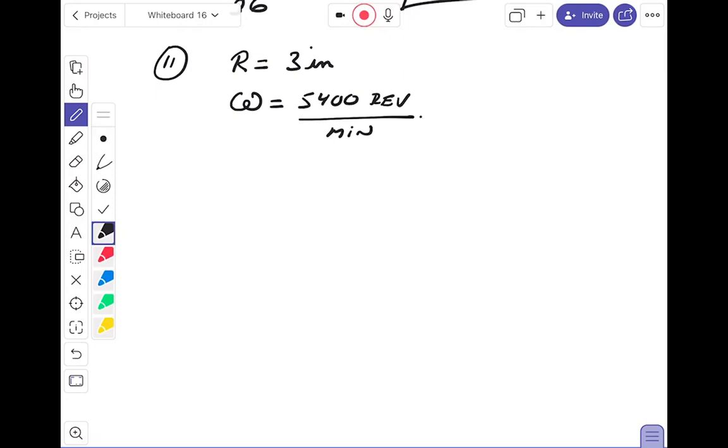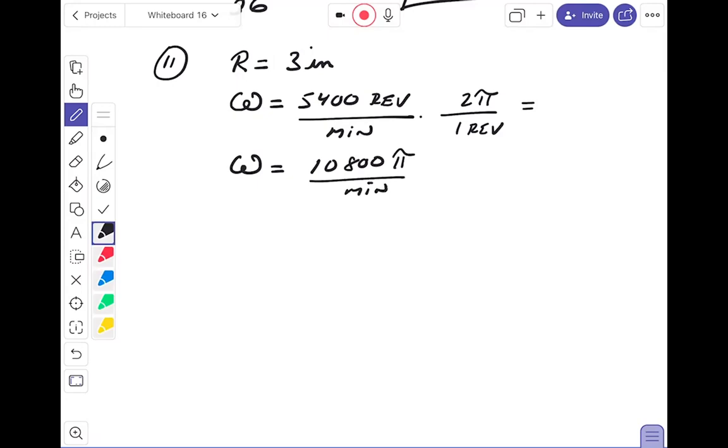Okay, I'm going to convert that to the radian measure. All right, so I get 1 rev is 2 pi. All right, and I'm going to write this down. Angular. Let's see, 5,400 would be 10,800, right? Times 2. And revs cancel, and I get pi per minute.